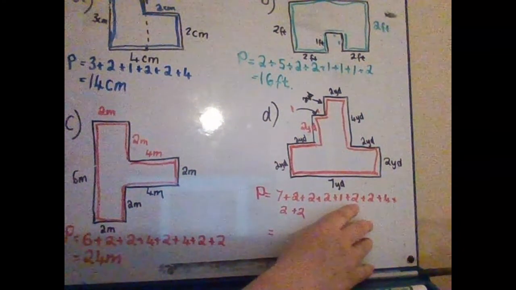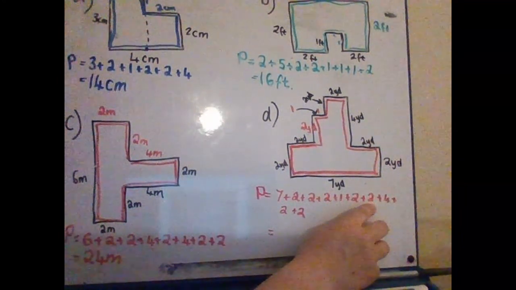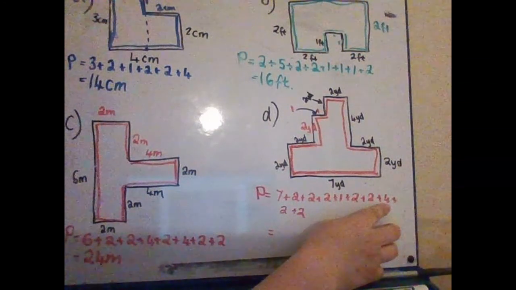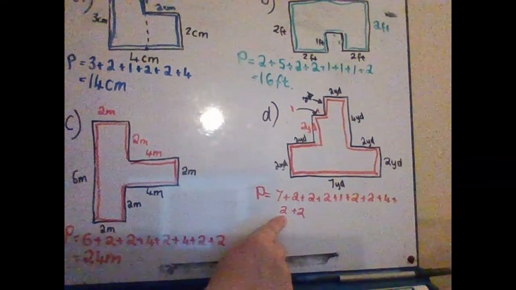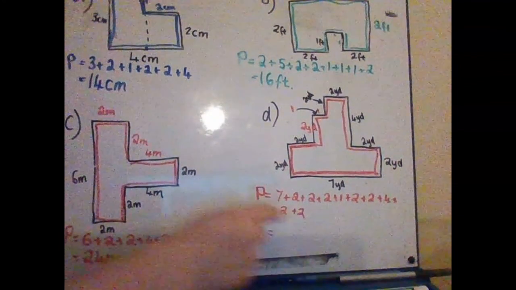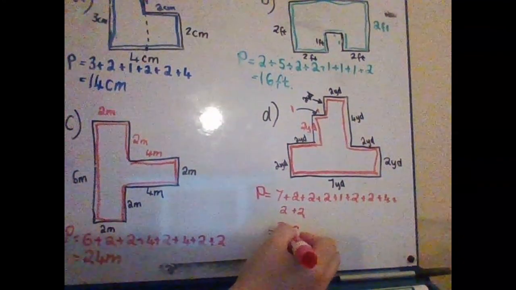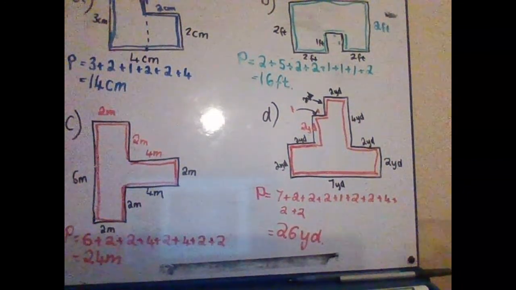Add 2, 14, 15, 16. Add 2 is 17, 18. Add 4, 19, 20, 21, 22, 23, 24, 25, 26 if you add another 2 on there. Okay, so the total perimeter for this shape is 26 yards.